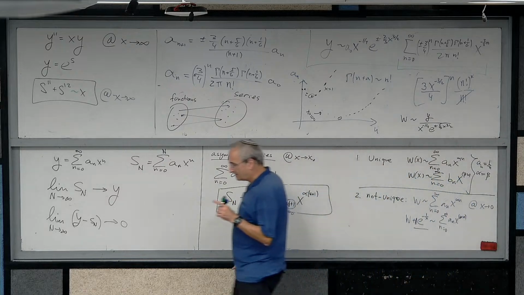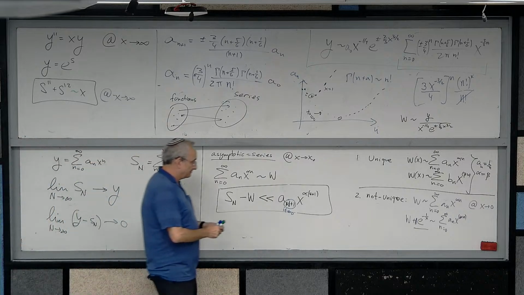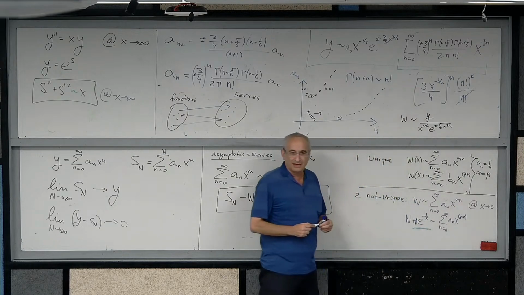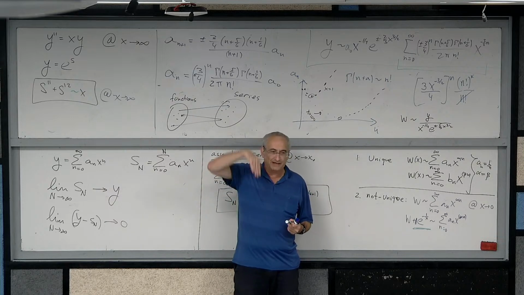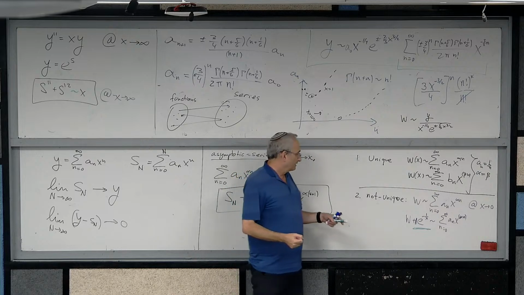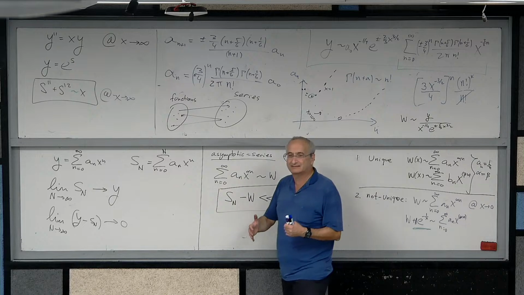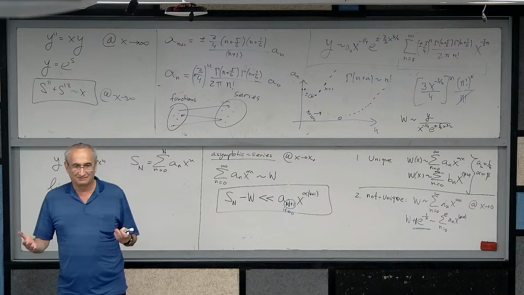Technically speaking, such a term, which as x goes to 0 gives a contribution but vanishes faster than any power, is called a subdominant term. And the non-uniqueness implies that every function plus a subdominant function will give you the same asymptotic series.